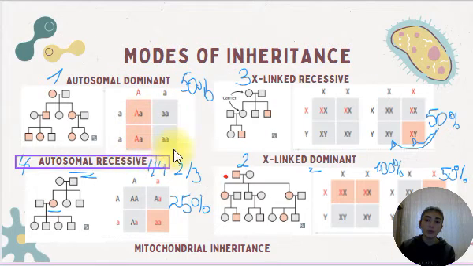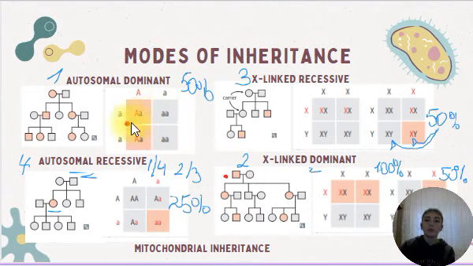So now let's move to autosomal dominant and recessive tables, right? We try to make the least amount of affected children, and therefore in the autosomal dominant case, we take only one affected parent, right? Because it's autosomal dominant, and therefore we get 50% of children being affected. So we get 50% of children being affected when one of the parents is heterozygous, right?